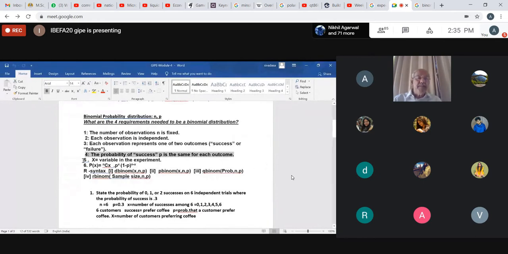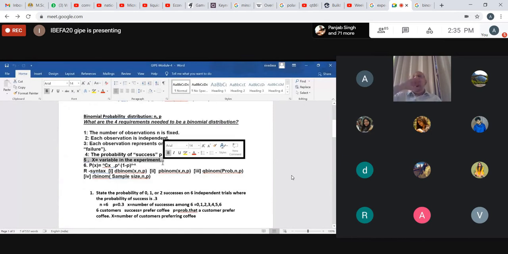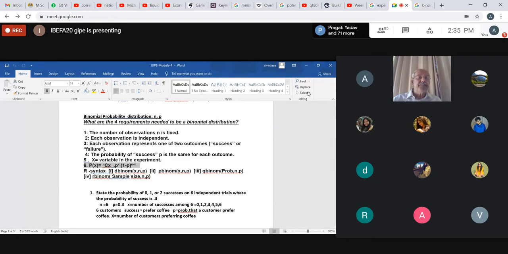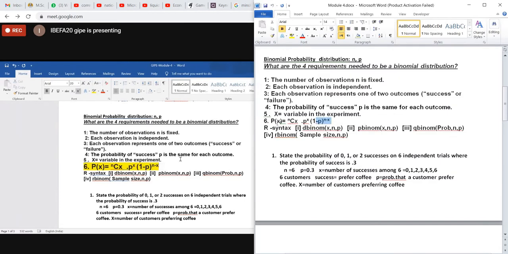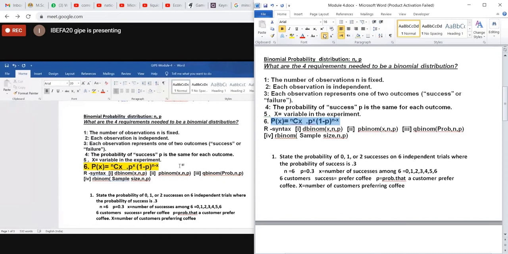X is the number of successes in the sample. And probability evaluation is given by this function. Out of a sample of n, X are successes.